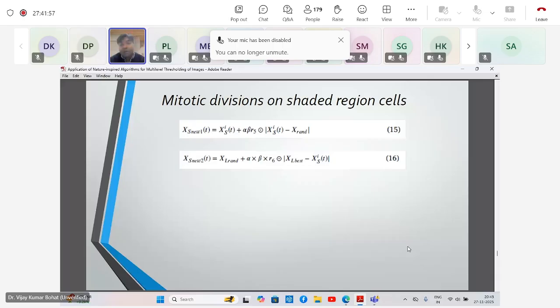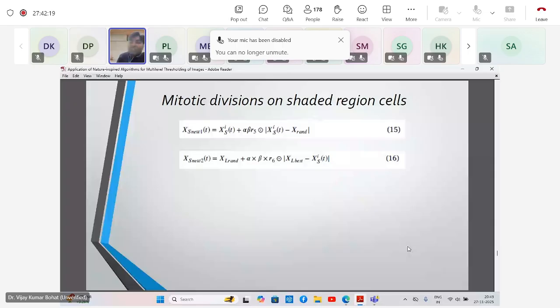We subtract, apply the stochastic phenomena induced by alpha, beta, and R6, and then add this distance to X_L rand. So this provides a new exploration of the search space, and it also denotes the mutation phenomenon in shaded region cells.